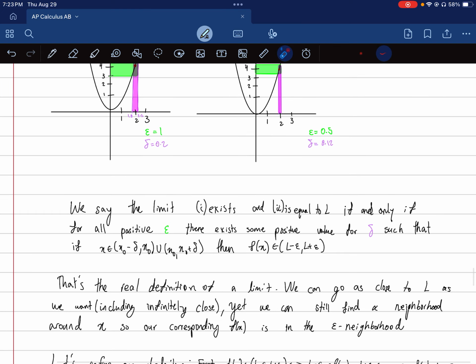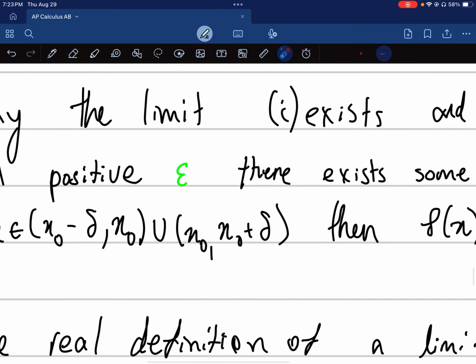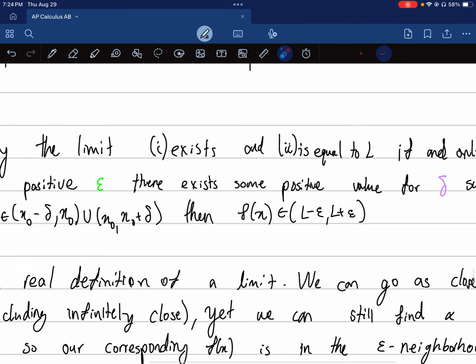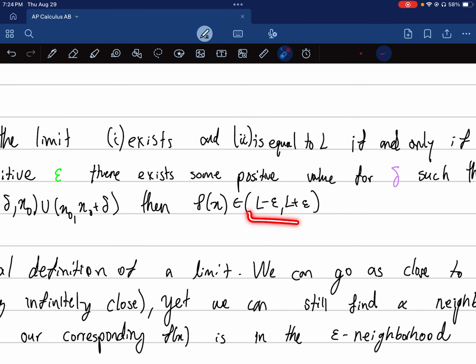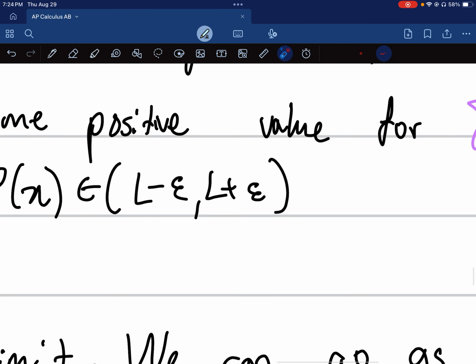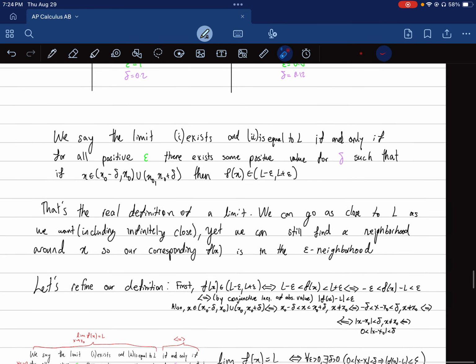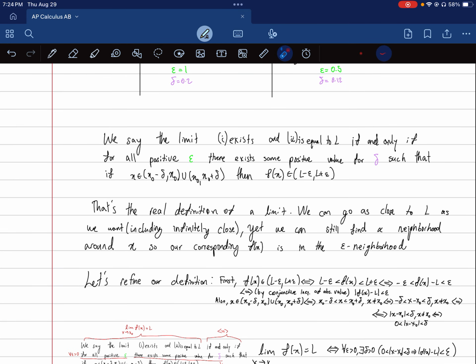So for all positive epsilon, there exists some positive value for delta, such that if x belongs to the delta neighborhood, this is just saying x belongs to the delta neighborhood, right here, then f of x belongs to the epsilon neighborhood. This is what it is. That f of x is between the interval limit minus epsilon, limit plus epsilon. And that's the real definition of a limit.